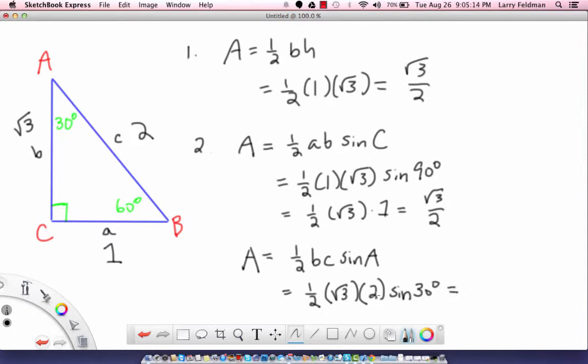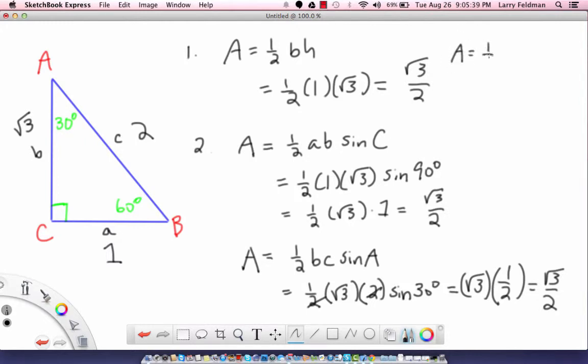These twos cancel, so we get root 3 times sine of 30. Sine of 30 is opposite over hypotenuse, so that's 1/2, and we get root 3 over 2. So everything's consistent.